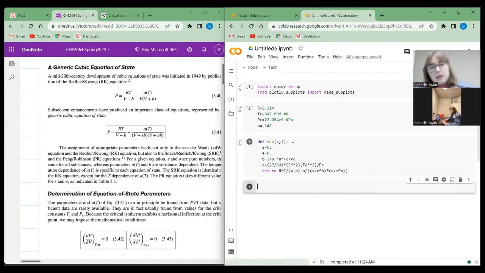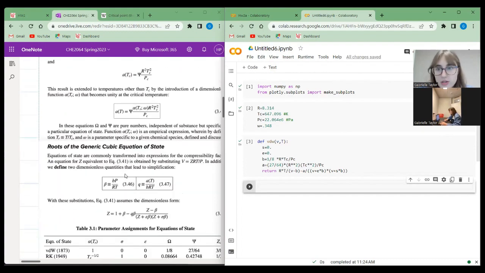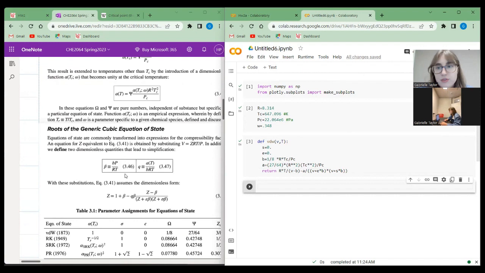So next, after we found this, let's pretty much do the same thing we did for the van der Waals cubic equation of state, which is going to be our SRK equation. For our SRK equation, first we want to define our variables, and then after we define our variables, let's unpack them and put them into our cubic equation of state. So first let's calculate variables, and this is going to be dependent on temperature.